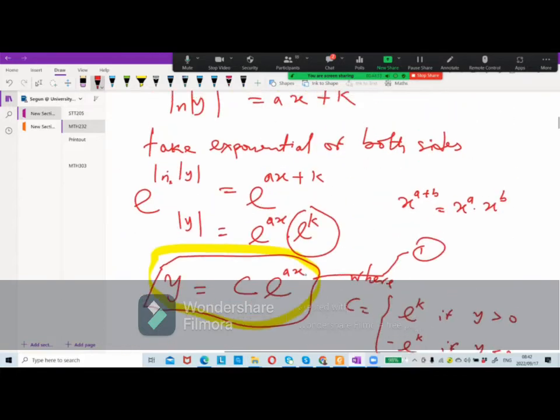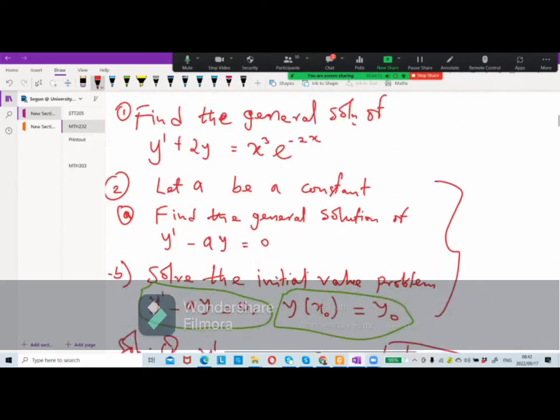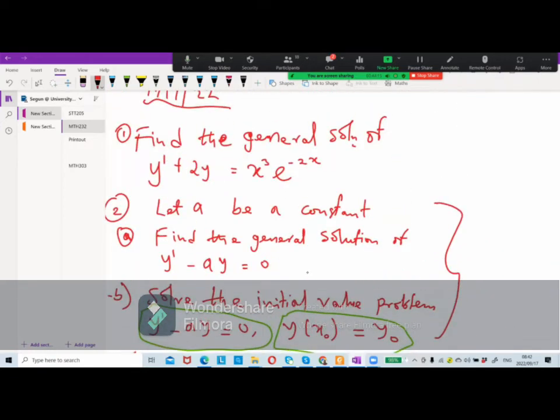So let's look at now question 1. Question 1 says, find the general solution of this type.